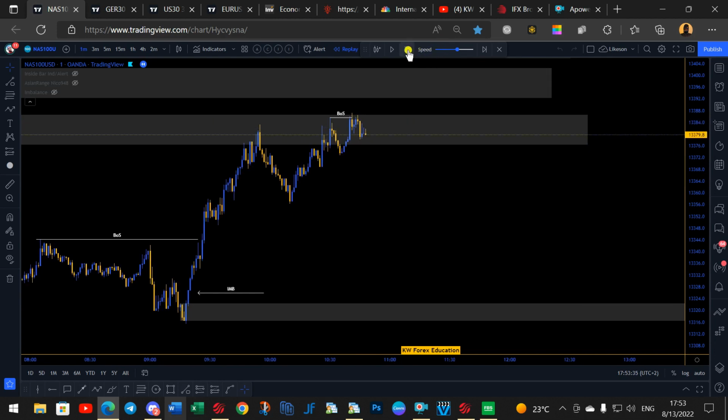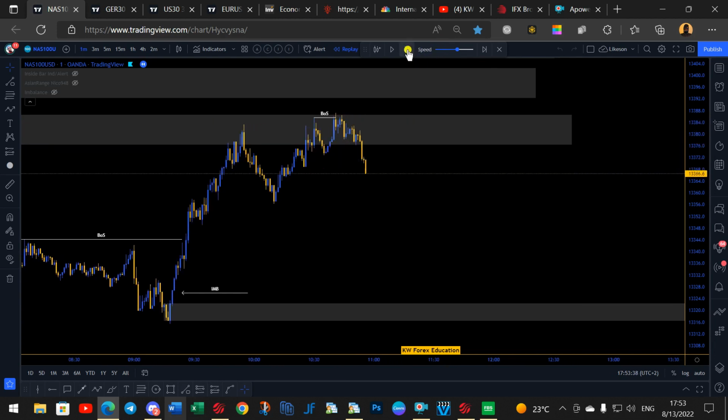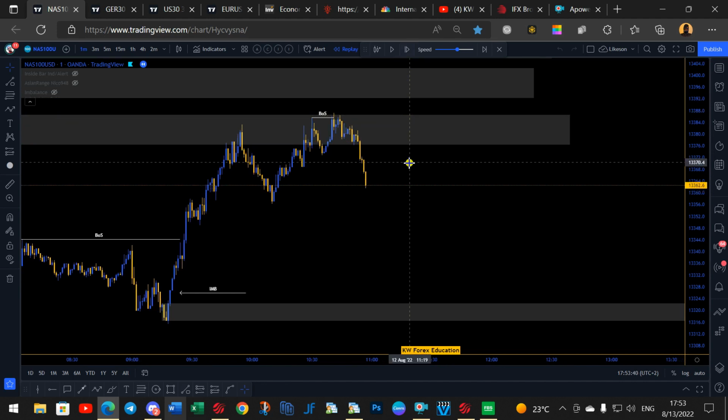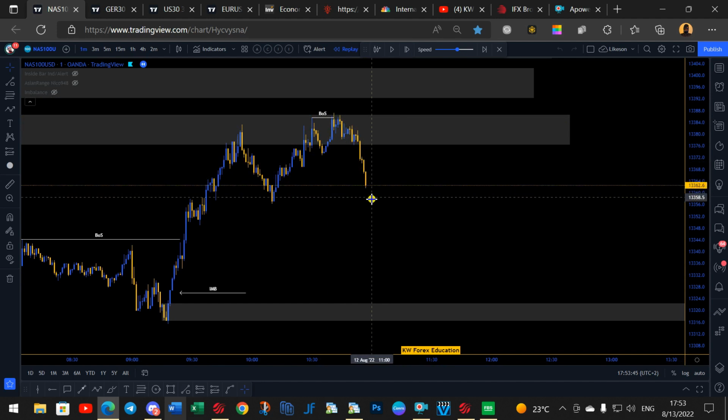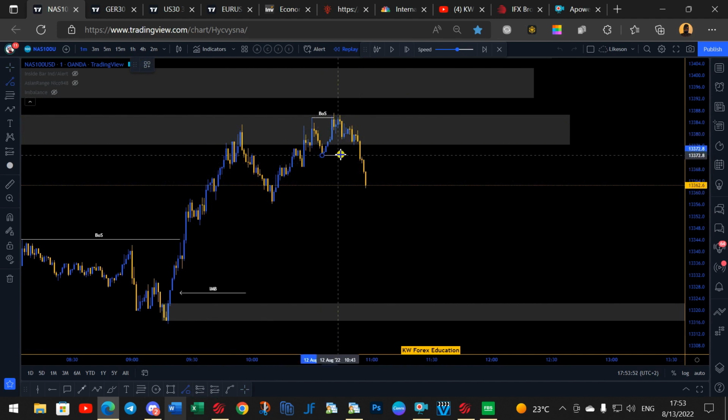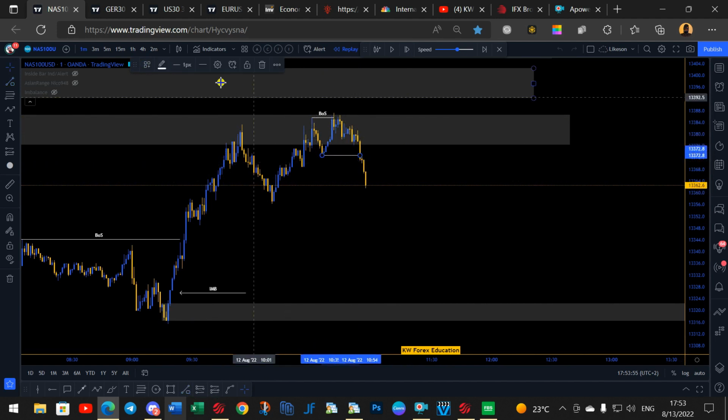So around this point, you can see how price just rallied all the way down because of a change of character. Let's see, there we had a change of character there.